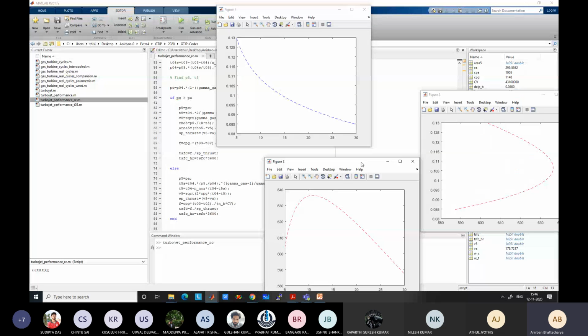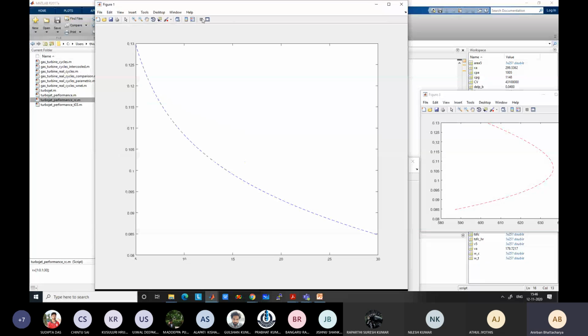For this first figure, I have not put any axis or anything. It is very roughly done, but you will get the trend from here. The first figure shows the variation of thrust specific fuel consumption, TSFC, versus RC, the compressor pressure ratio.